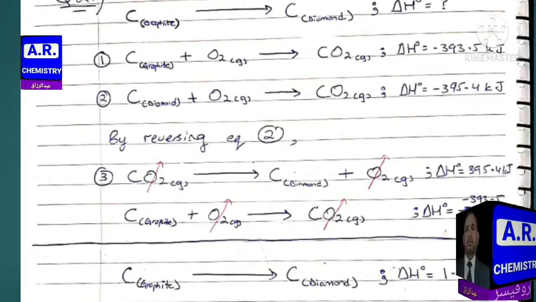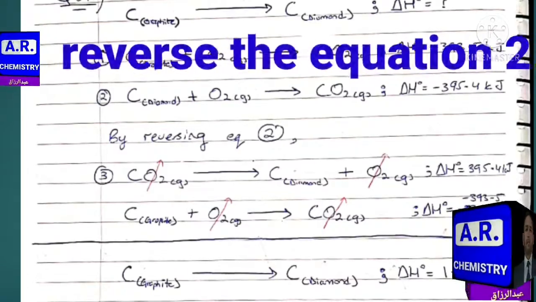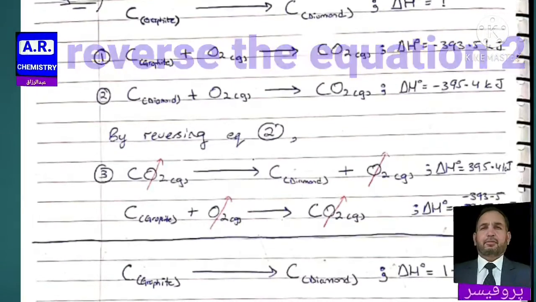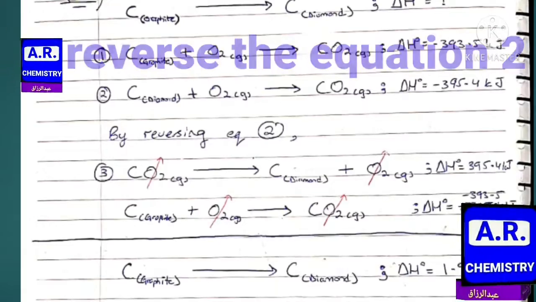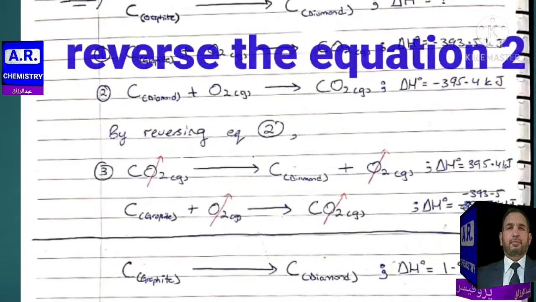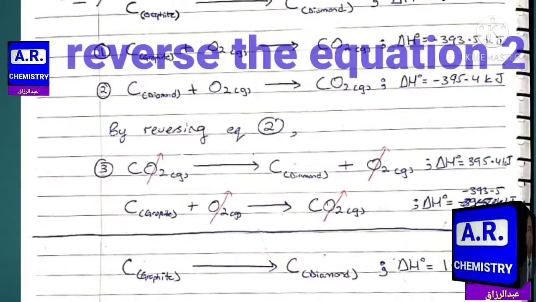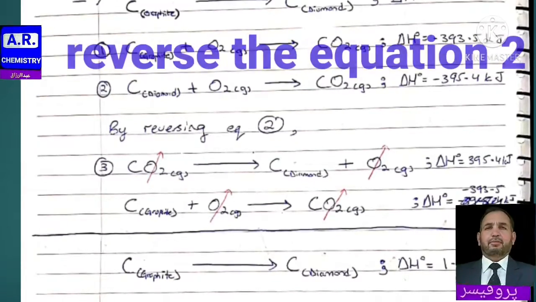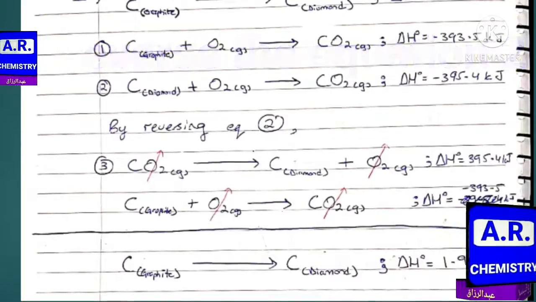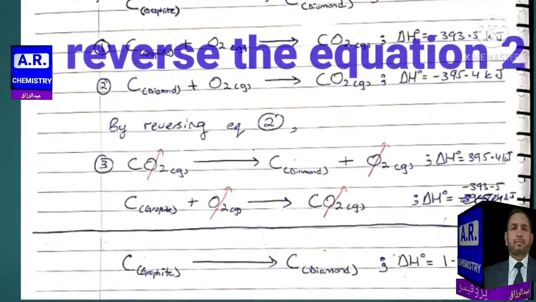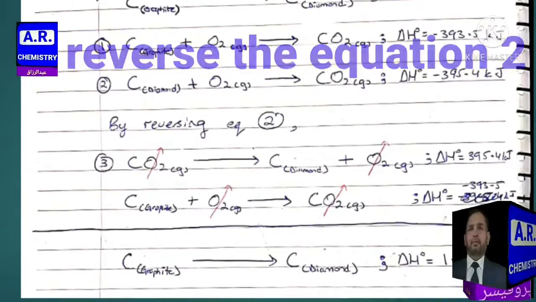Dear students, you know that we require diamond on the product side, because in the question we require graphite on the reactant side and diamond on the product side, and you have written the equation for the combustion of diamond as equation number 2.